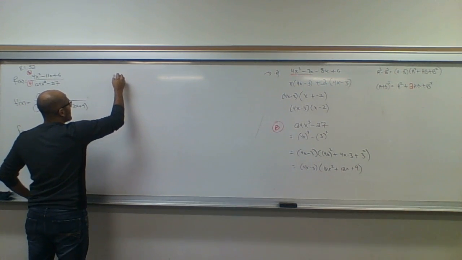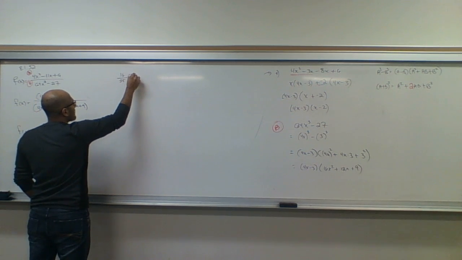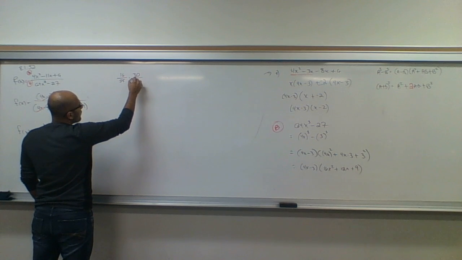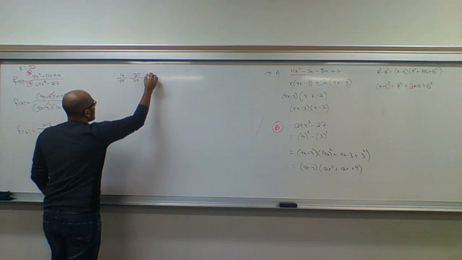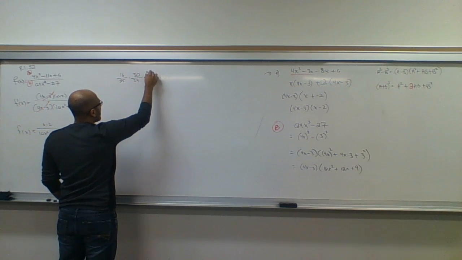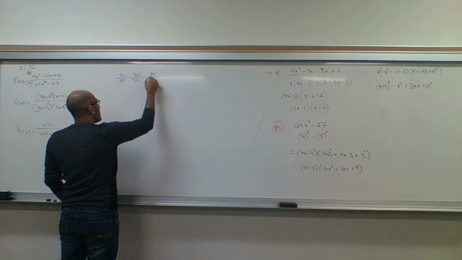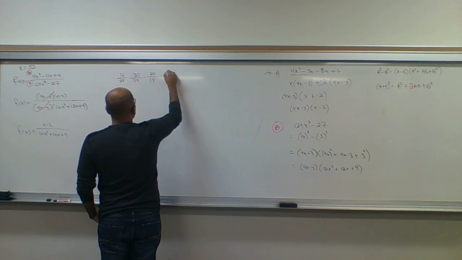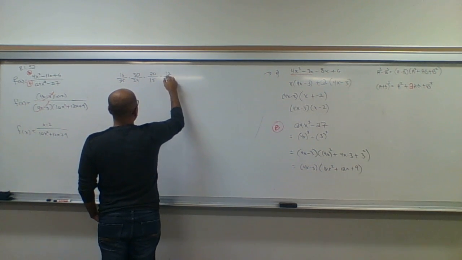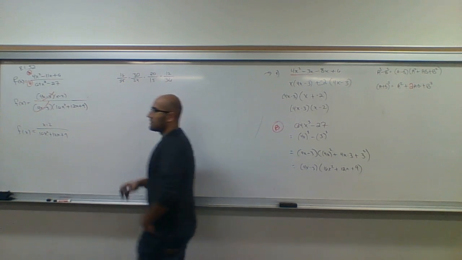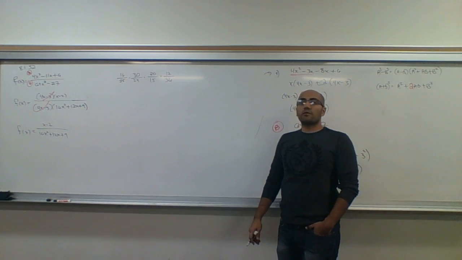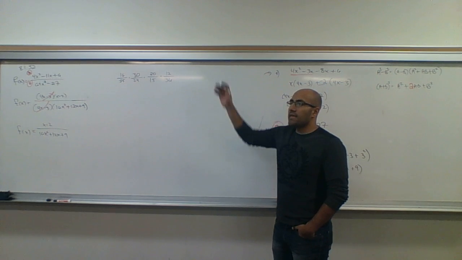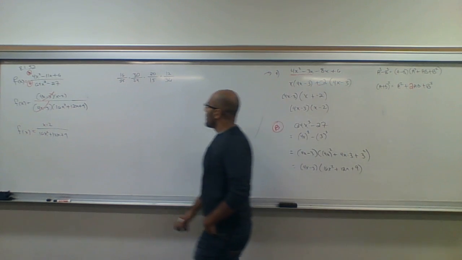So, let's say I asked you to multiply 16 over 25 times 30 over 24 times, I don't know, how about 20 divided by 15 times, how about 12 divided by 36. Nasty looking thing, especially if there was no calculator. Find the answer to that. Oh man, what would you do?